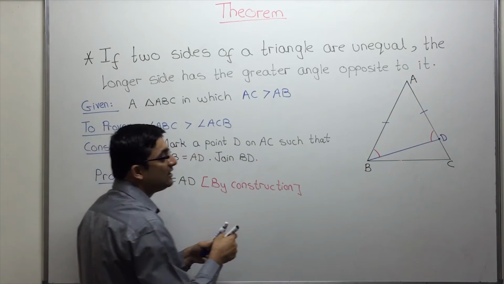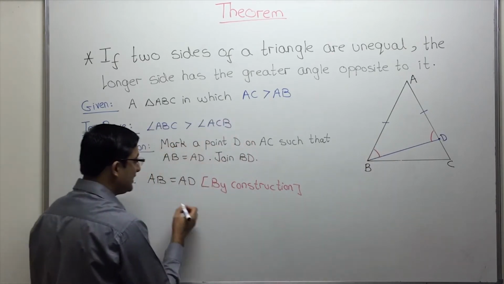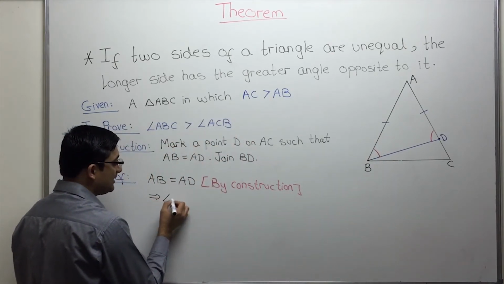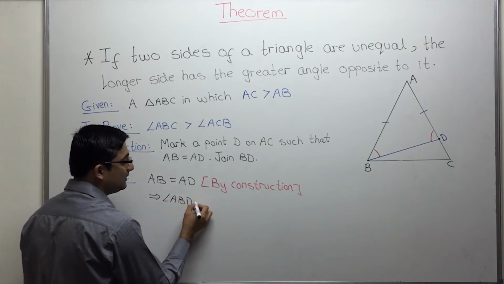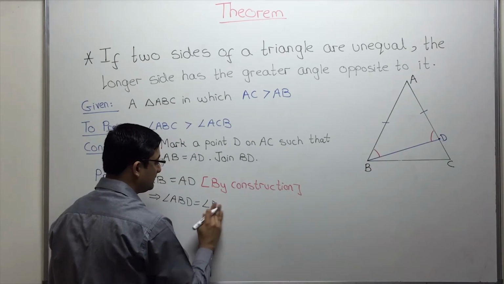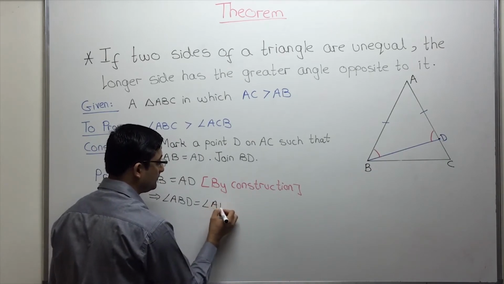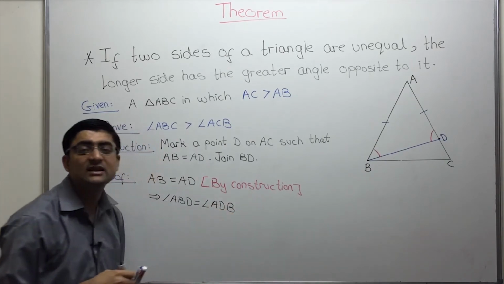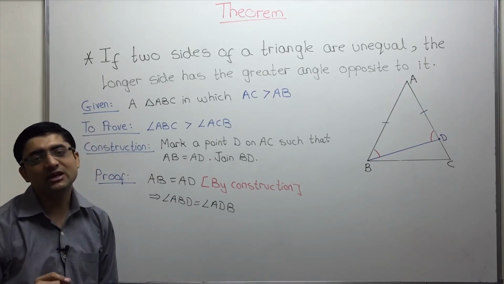So I'll say this angle over here, that is angle ABD, is equal to this angle over here, that is angle ADB. What is the reason behind this? In a triangle, angles opposite to equal sides are equal.